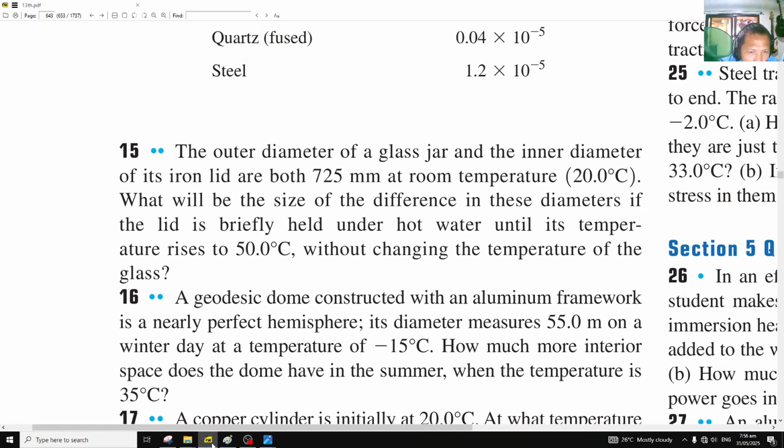the lid is briefly held under hot water until its temperature rises to 50 degrees Celsius without changing the temperature of the glass?